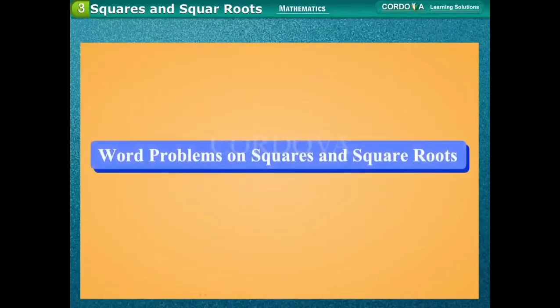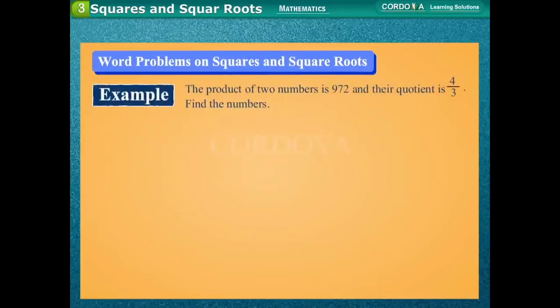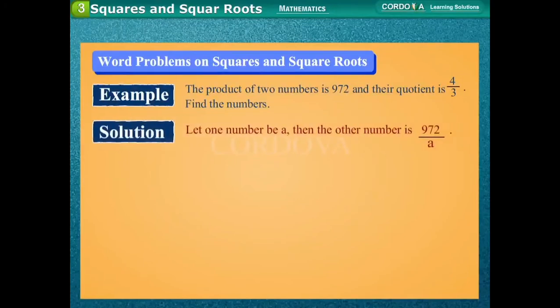Word problems on squares and square roots. Example: the product of two numbers is 972 and their quotient is 4 upon 3. Find the numbers. Solution: let one number be a, then the other number is 972 upon a. Given that a upon 972 upon a is equal to 4 upon 3.